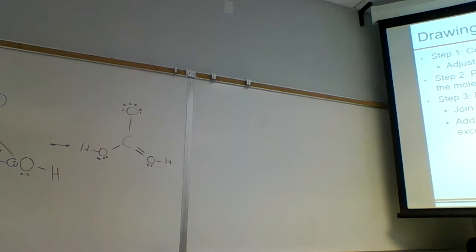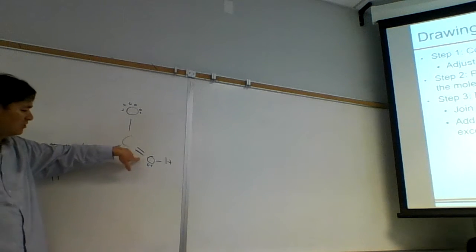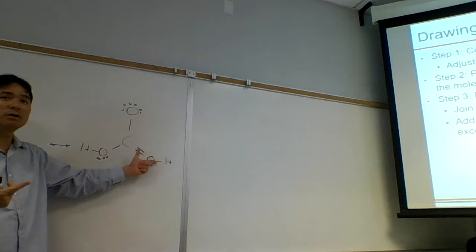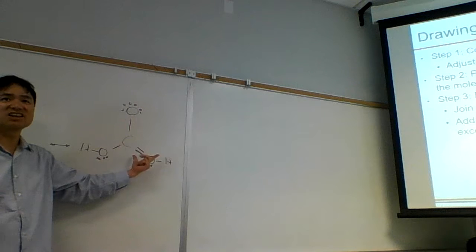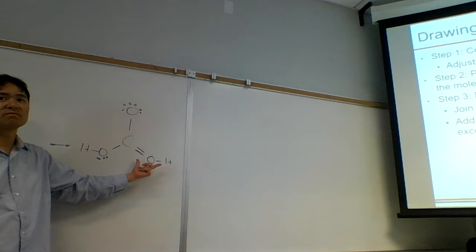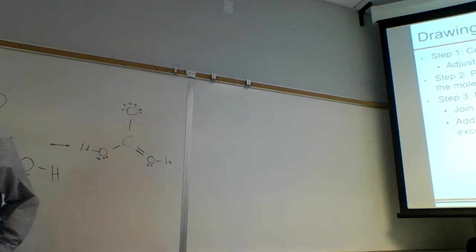Two bonds. In this case, this oxygen has a double and a single, so it's kind of like 3 bonds, right? If oxygen forms 3 bonds, then it cannot maintain its neutral formal charge.